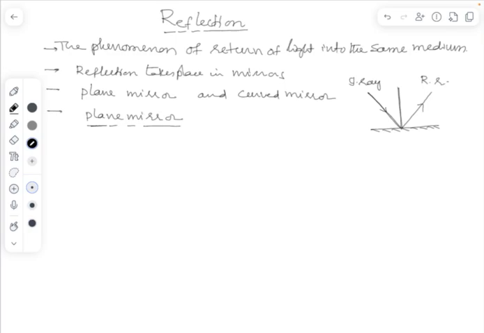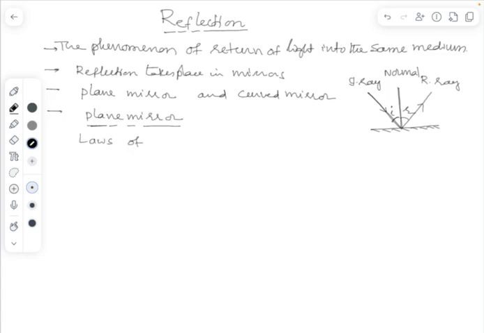Incident ray, reflected ray, normal. Angle between incident ray and normal, angle of incidence. Angle between reflected ray and normal is called angle of reflection.